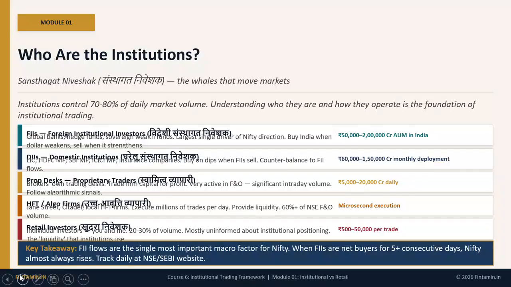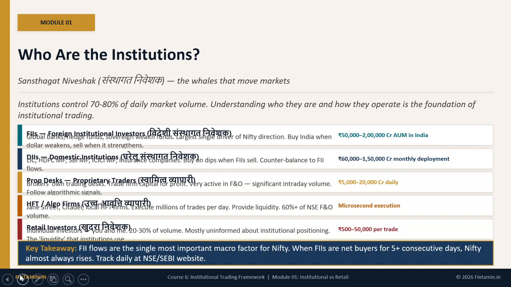Who are the institutions? 5 types of institutional participants control 70 to 80% of daily market volume in India. Number 1 is FIIs, which means Foreign Institutional Investors. Global banks, hedge funds, sovereign wealth funds from the US, Singapore, and Europe.